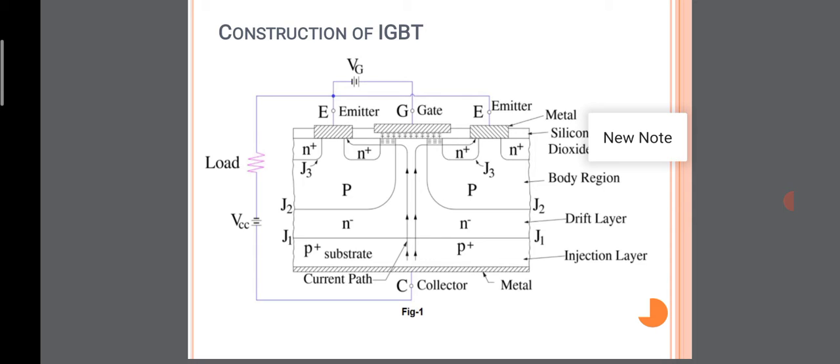In short, the N-negative drift region is flooded with electrons from the P body region and holes from the P-positive collector region. With this, the injected carrier density in the N-negative drift region increases considerably, and as a result, the conductivity of the N-negative region enhances significantly. Therefore, IGBT gets turned on and begins to conduct forward current IC.